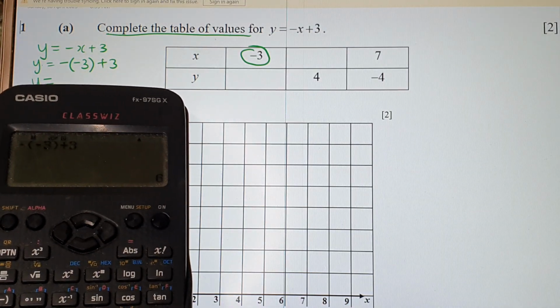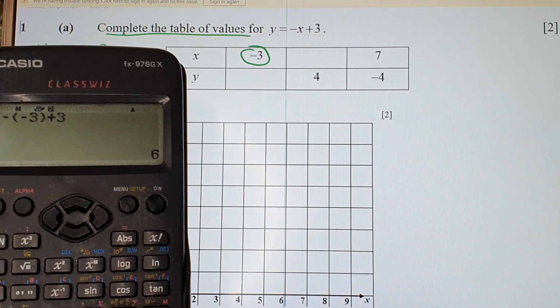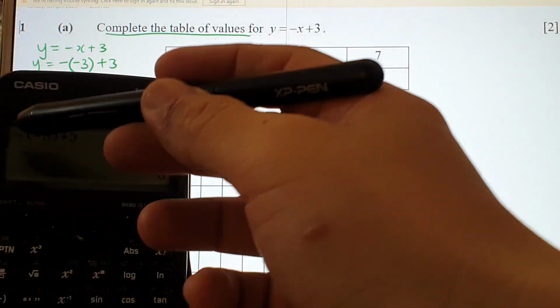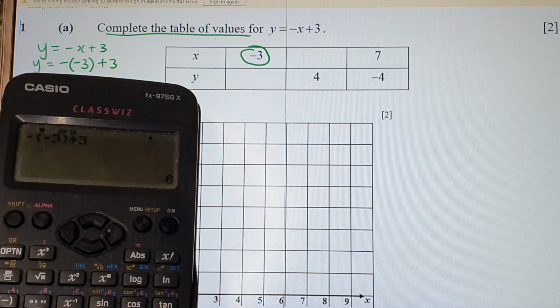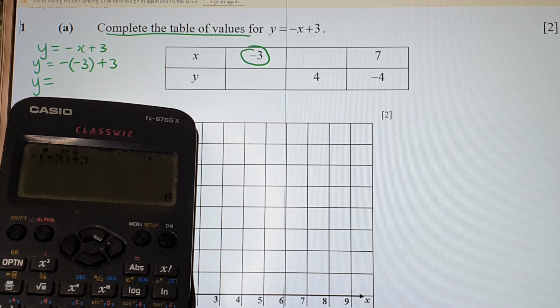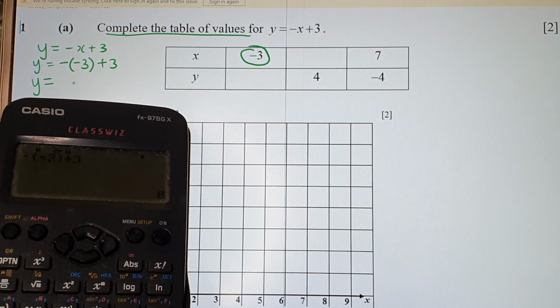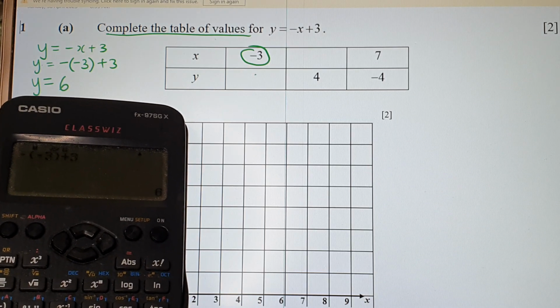Okay, the answer is 6. Can you see the answer 6? Okay, so please, I need you to press and check that you can get the answer, because if you don't press the calculator, then you may not get the answer.